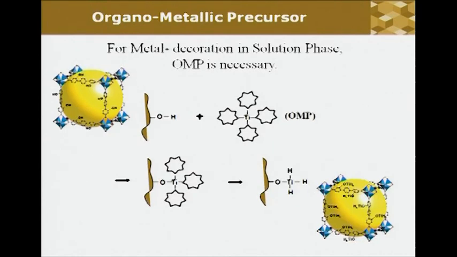And because it's a solution chemistry, we cannot decorate the material with bare metal atoms. So they introduce so-called OMP, Organometallic Precursor. Suppose we want to dope titanium, then there are ligands around it which protect this. And we already have some kind of a functional group, and they interact, and this titanium is attached here.